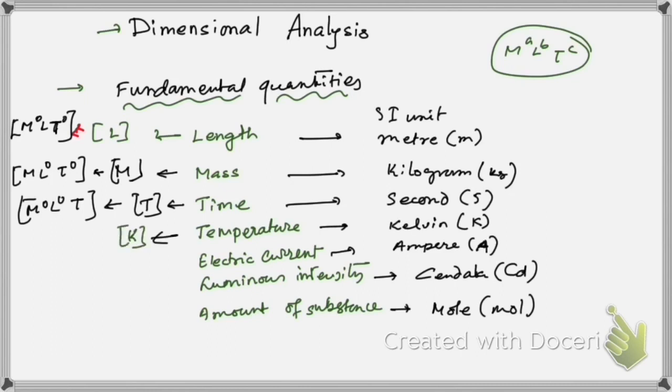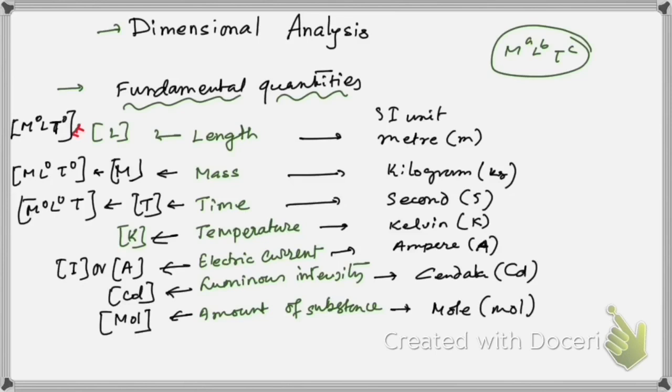Okay, and for electric current we can use either capital A or capital I, right? And for luminous intensity you can write cd, the symbol for the unit and the symbol for the dimensional formula are the same, and for amount of substance it is mol, right? These are the dimensional formulas that you must know.